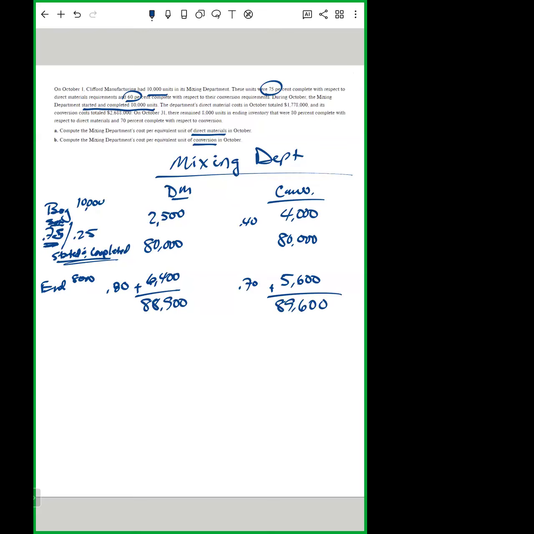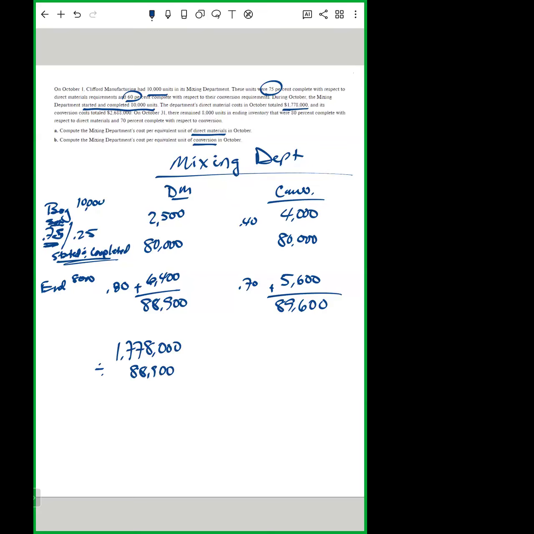And then we're also given costs. So I could calculate a cost per unit, right? So our direct material cost totaled $1,778,000. So I can take the 1,778,000 and divide that by 88,900.